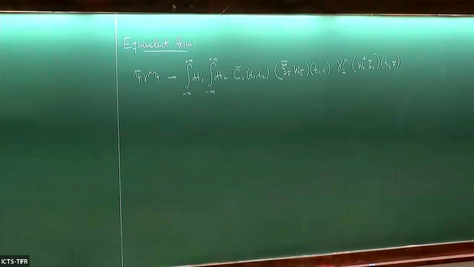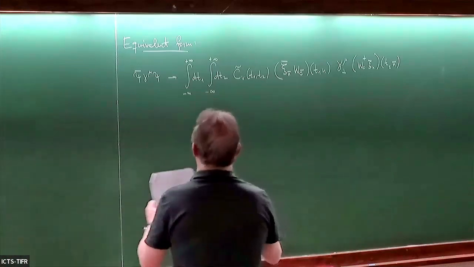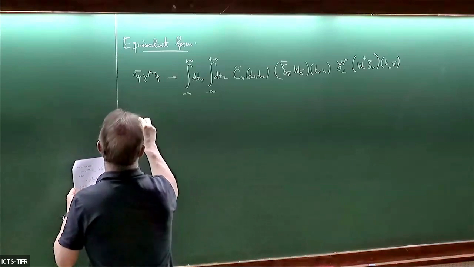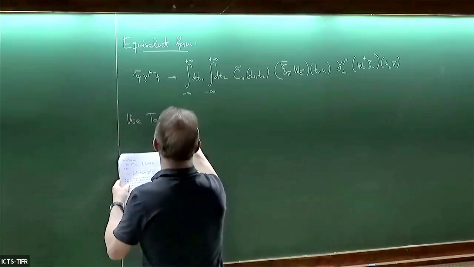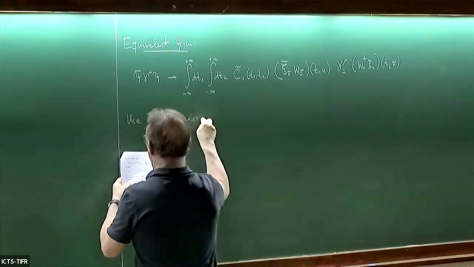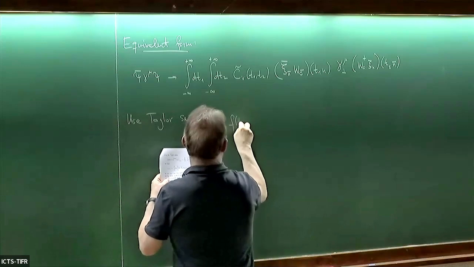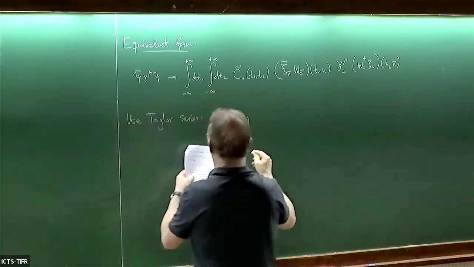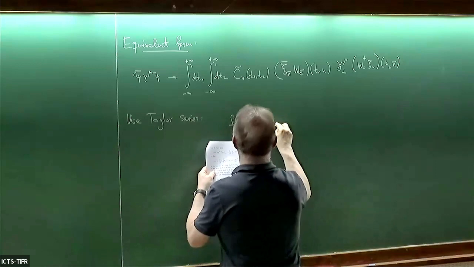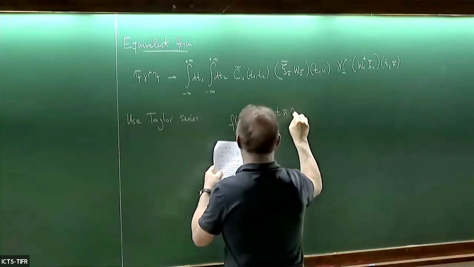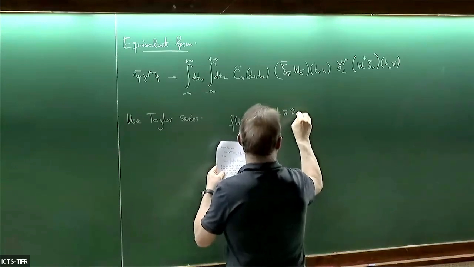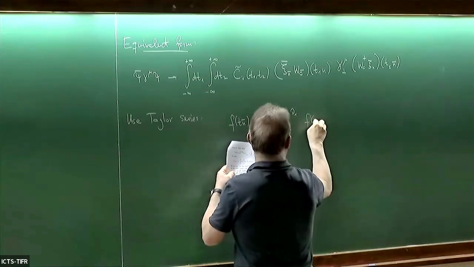Now, how can you see that this and this is equivalent? Let's prove it. Basically, we use the Taylor theorem or Taylor series. What is a Taylor series? Well, if I have a function f of t n bar, I can write it as an exponential of t n bar times a derivative with respect to x of a function f of x.